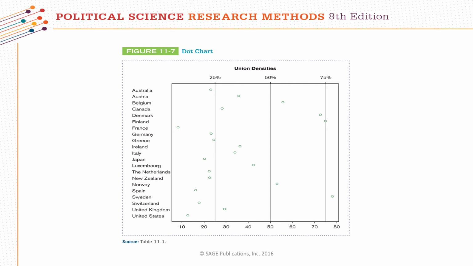All I can say is that based on the data available to us in this dot chart and in the previous chart that showed us Gini indices, the United States is at the low end of that sample of countries in terms of equality. So we have a more unequal society, and I can tell you that we have a relatively non-unionized society. That's about all I can say, right? If there's more to say, we have to use different statistical tools, but for descriptive statistics, that is about all we can do.